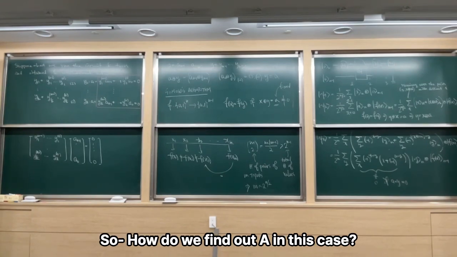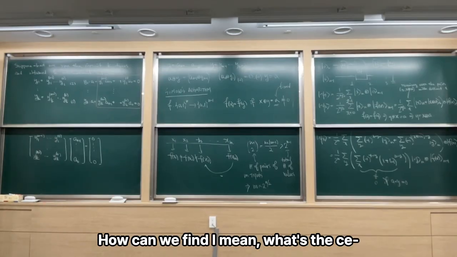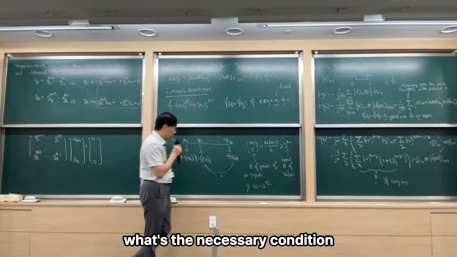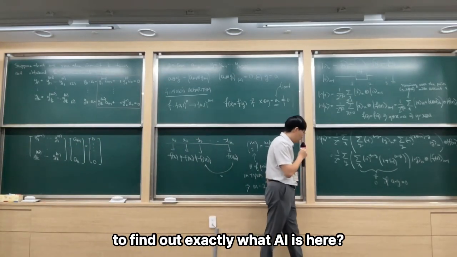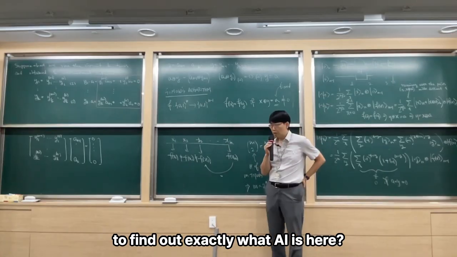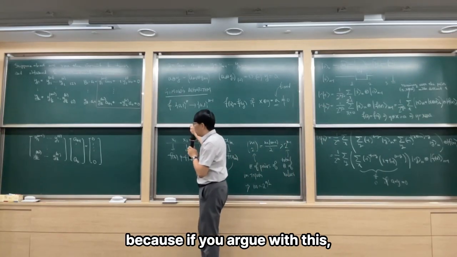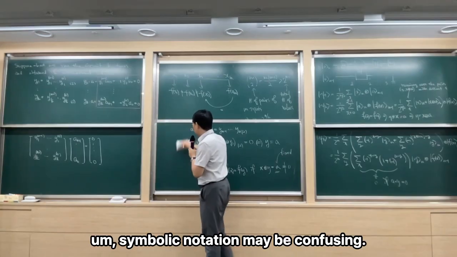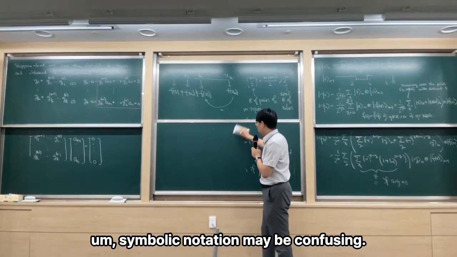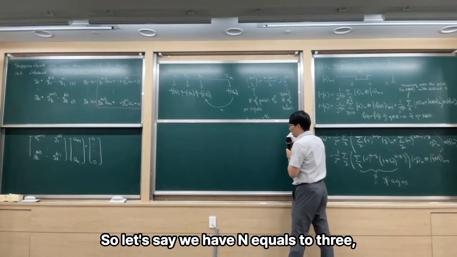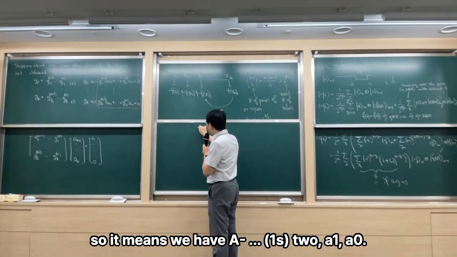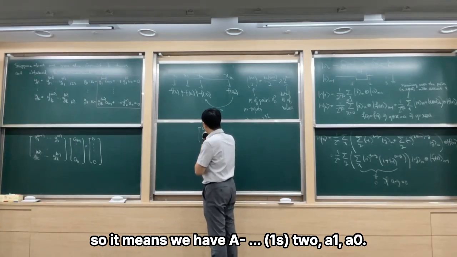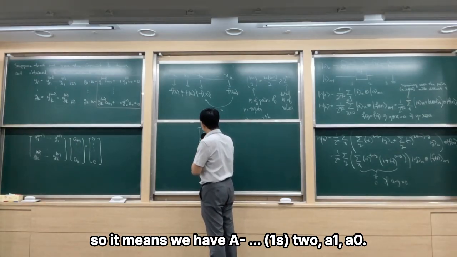We want to find out what A is. So how do we find out A in this case? What's the necessary condition to find out exactly what A is here? Let me give an example, because arguing with this symbolic notation may be confusing. Let's say we have n equals 3. So it means I have A2, A1, A0.